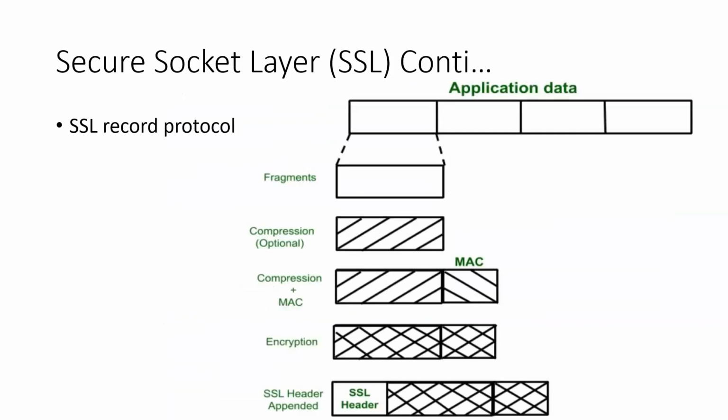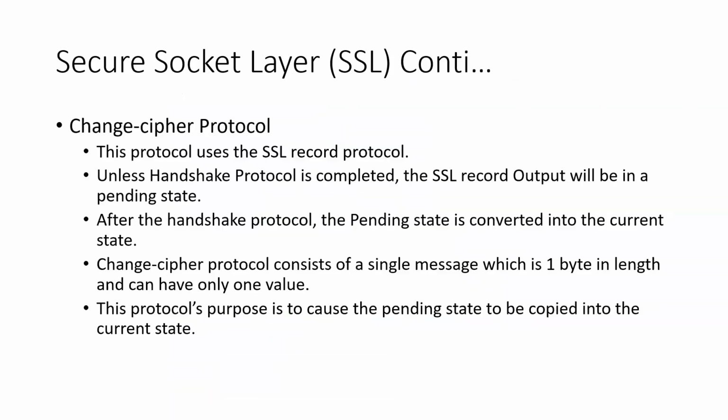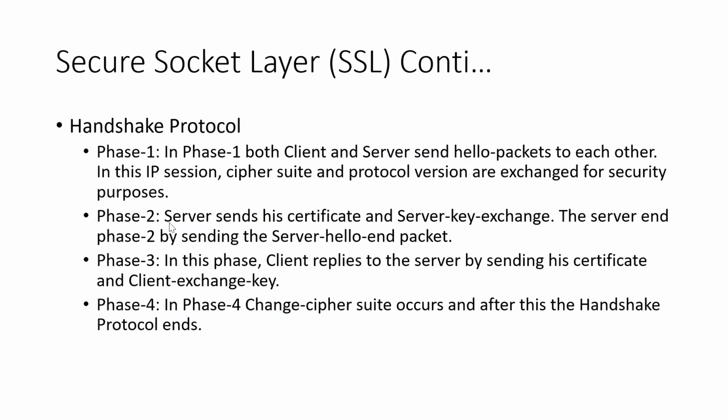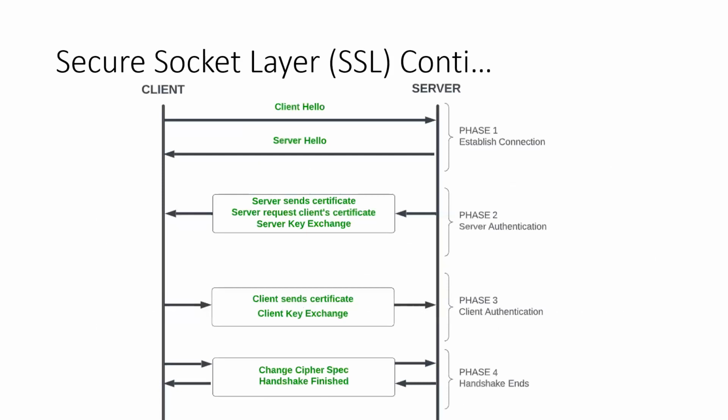Previously, we have learned about the record protocol. And this is the change cipher spec protocol. So this protocol uses the SSL record protocol. Unless the handshake protocol is completed, the SSL record protocol will be in a pending state. So this is functioning step by step. Initially, it starts with the record protocol and then the handshake protocol.